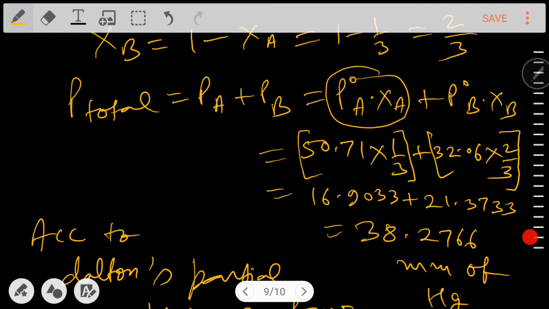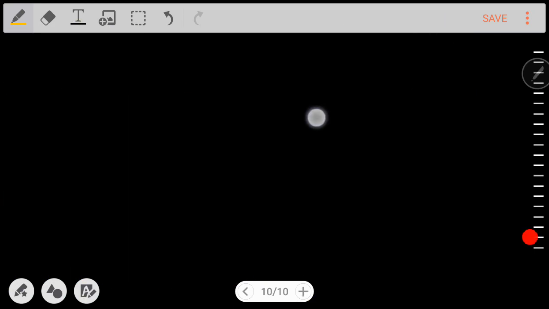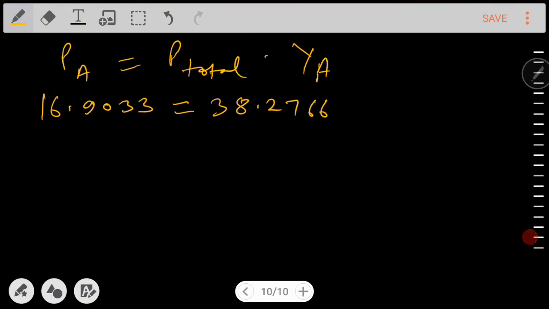We have determined this value as 16.9033. Similarly, Pb is equal to P naught B into Xb, and that value is 21.3733. So PA is 16.9033 and P total is 38.2766, into YA. So on solving, YA will be obtained as 0.4416.